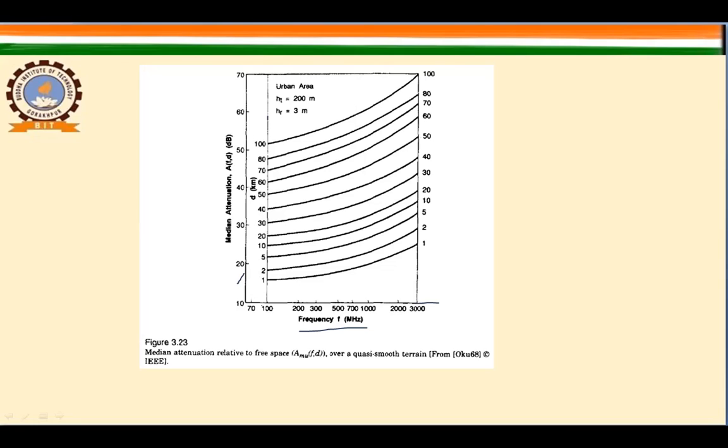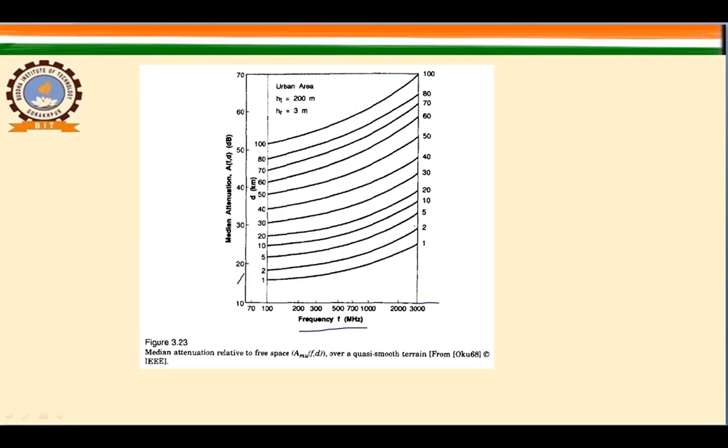It goes up to frequency ranges. When it is 1 kilometer, the frequencies start from 10, 70, 100, 200, 300, 500, 700, 1000, 2000, and 3000. So at 1 kilometer, it goes to about 3000 megahertz. When the distance is 2 kilometers, the frequency ranges from 100 to 3000 megahertz.